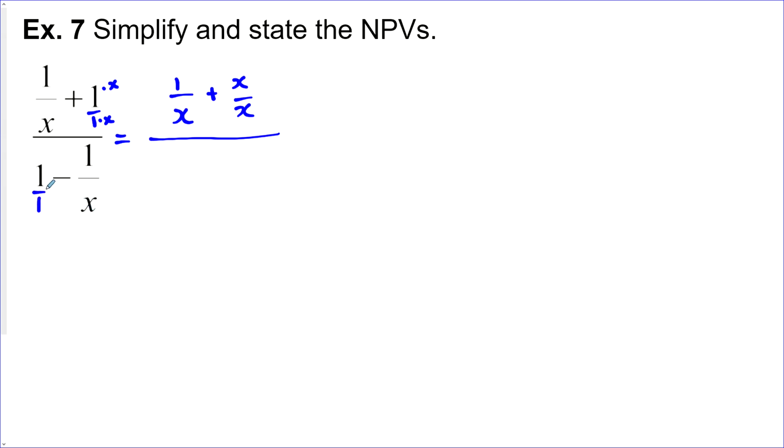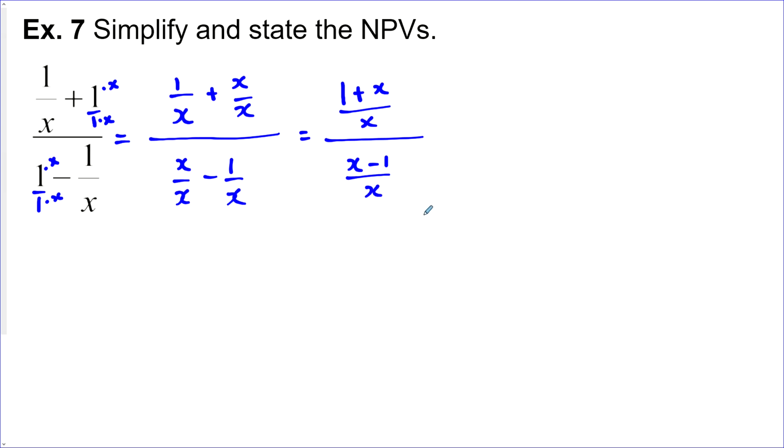I need a denominator of x, so x times x. This one will be x over x minus 1 over x. Now I've got a common denominator, so I can say this one is 1 plus x over x. And then this denominator would be x minus 1 over x.